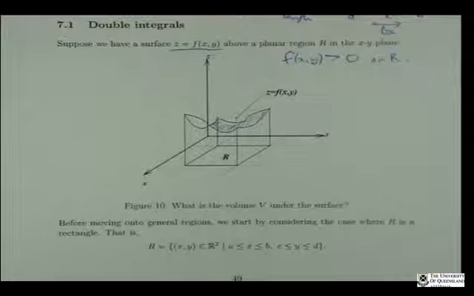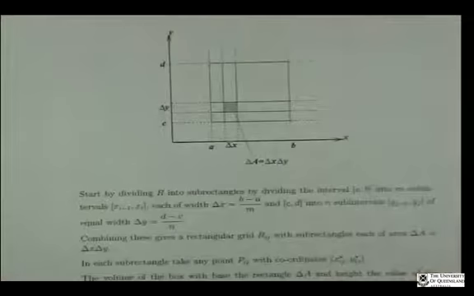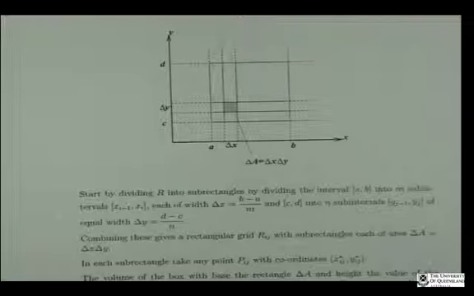So just over the page, this is how we're going to get to our definition of the double integral. We'll do something very similar to what we did in the case of the definite integral of a function of a single variable. In that case, from my diagram, I'll just remind you, we partitioned the interval on the x-axis up into small subintervals.